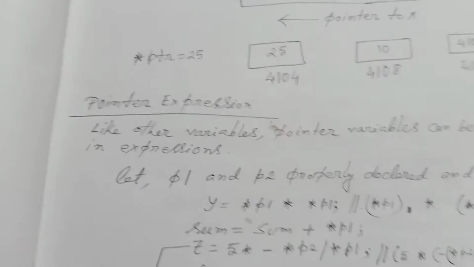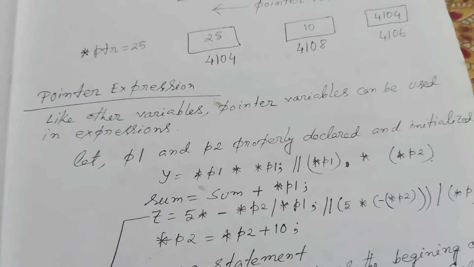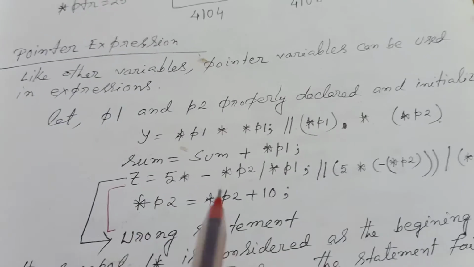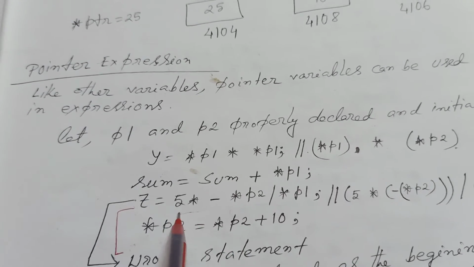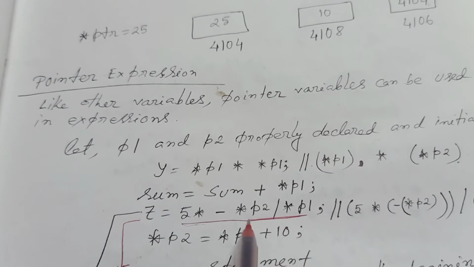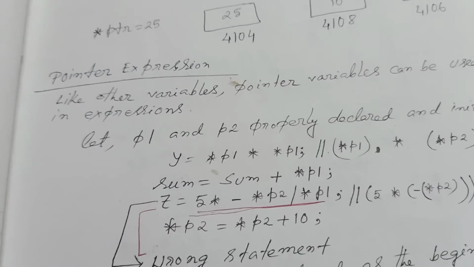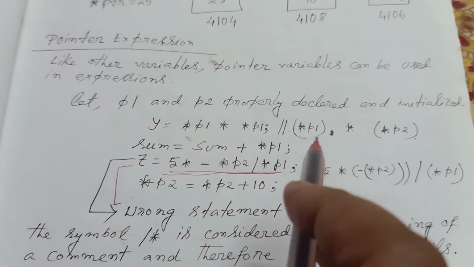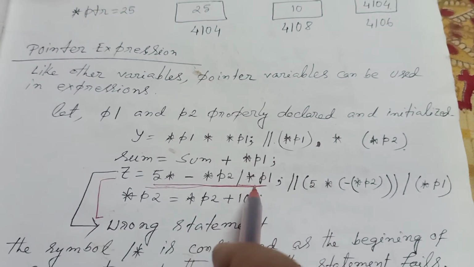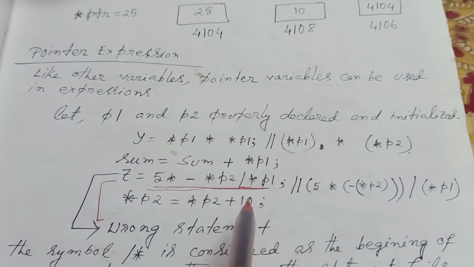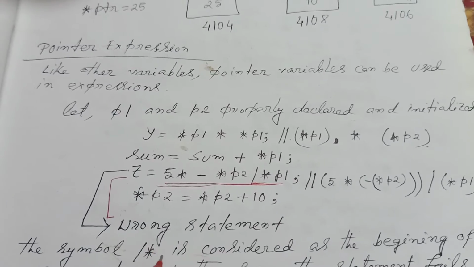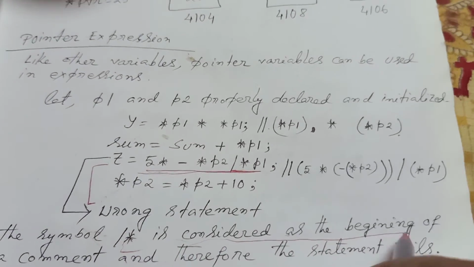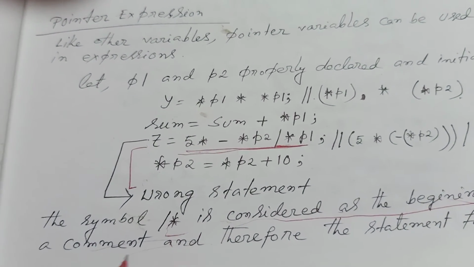So this expression is a wrong statement. In this way we are not able to write any kind of expression. Why? Because the symbol division with the pointer asterisk is considered the beginning of a comment.